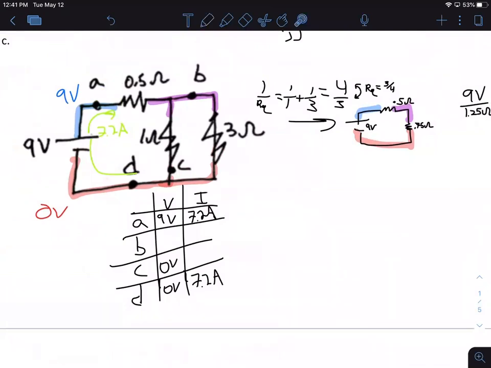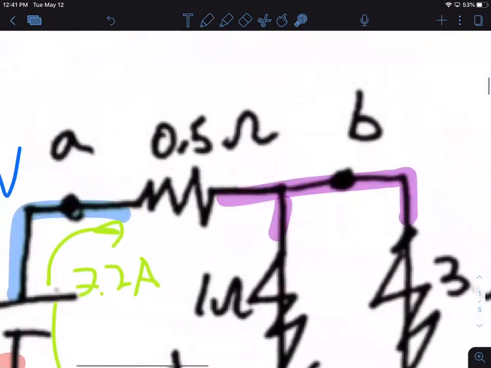So how does that help me? Well, 7.2 amps, 0.5 ohms. I could see this if I was making a table. That's going to change the voltage by 3.6 volts.